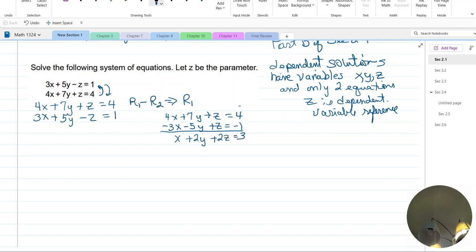All right, so now this is my new row 1. I'm going to write that down: x plus 2y plus 2z equals 3.